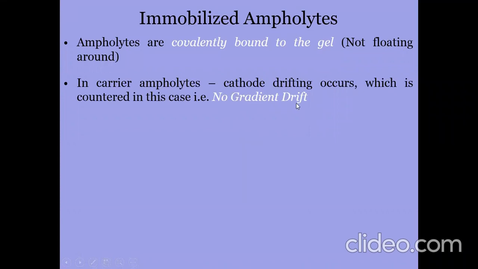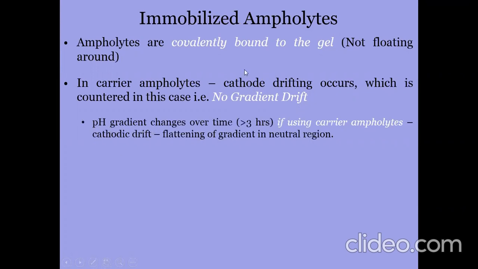So no gradient drift, because the positive charge, they will move to the cathode, and carrier and cathode drifting could occur. So in order to avoid this, the immobilized ampholytes can be used, and there will be no gradient drift. And pH, so that is a continuous supply of the gradient.